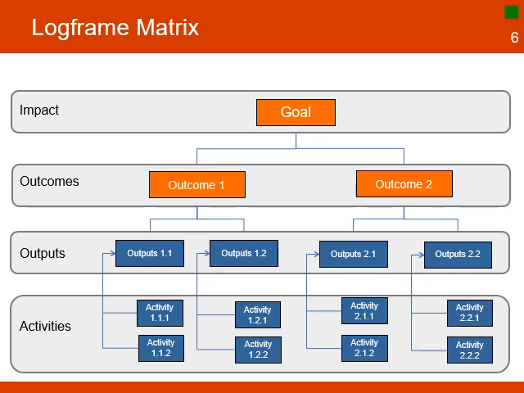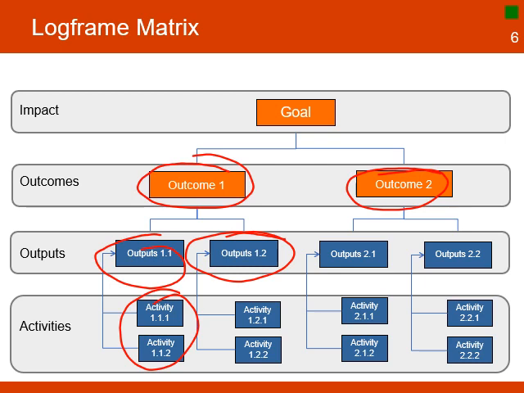In order to deliver output 1.1, all activities under that output must be completed. And in order to achieve outcome 1, all outputs must be delivered. When all outcomes have been achieved, then they will be able to contribute to the final goal.